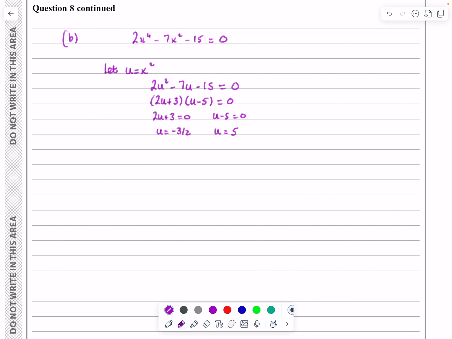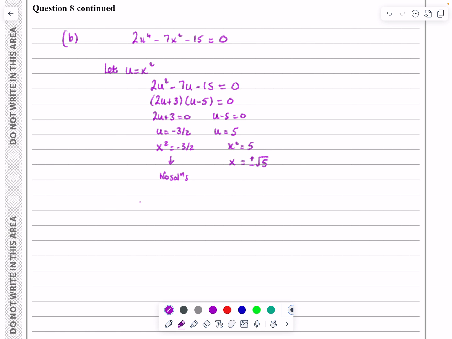So then what it means is that I have x squared equals minus 3 over 2. And I'm really delighted to have got that because that's going to give me no solutions, which means that the other one, x squared equals 5, x equals plus or minus root 5. I wanted to get 2 solutions and the 2 values for P and Q here, and they're going to come from that. So x is equal to root 5 and minus root 5.